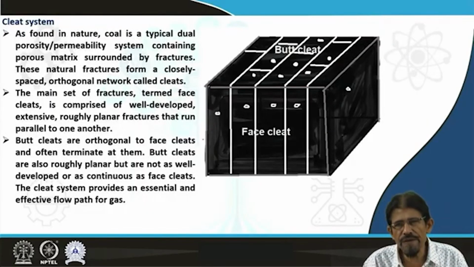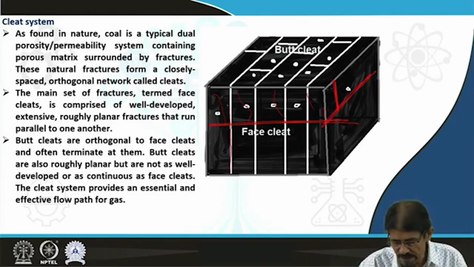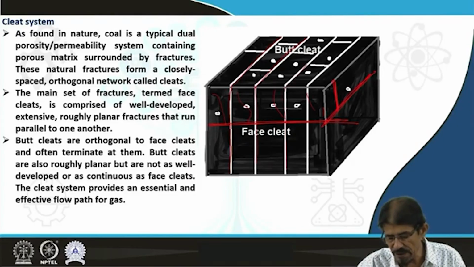You can see one view. There are different types of discontinuity. One is simply bedding planes, another is joints, another is cracks or fractures, and some specialized fractures present in coal are geologically recognized as the cleat system.